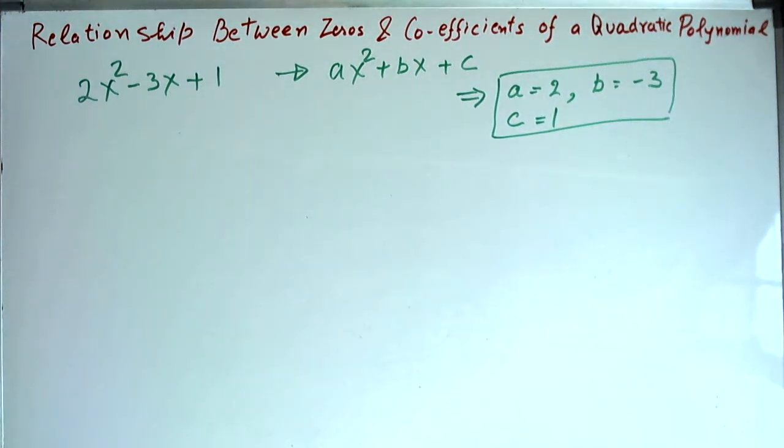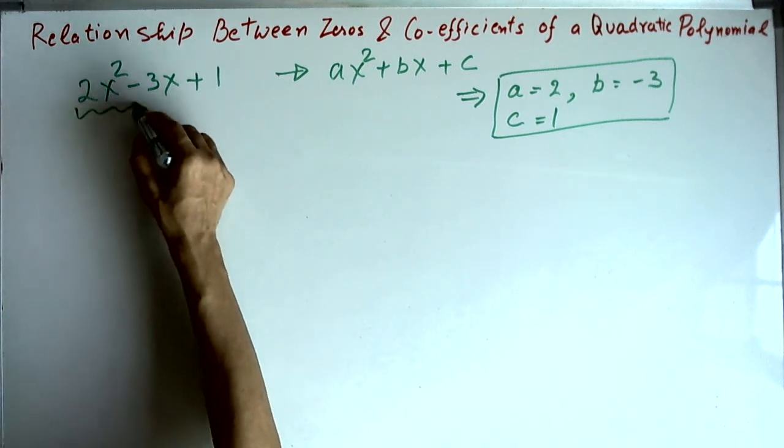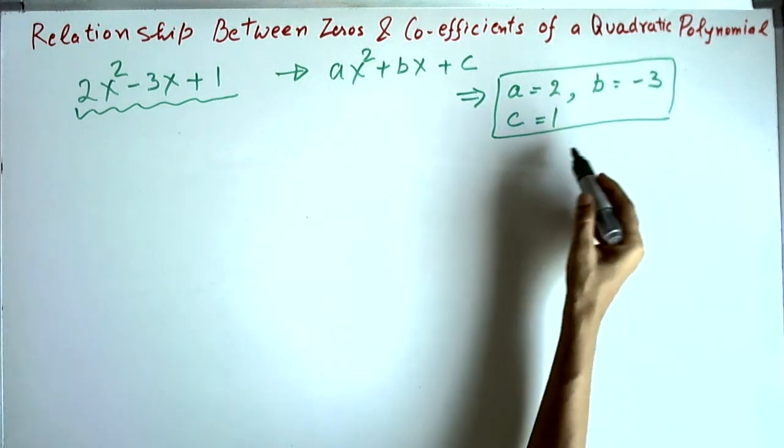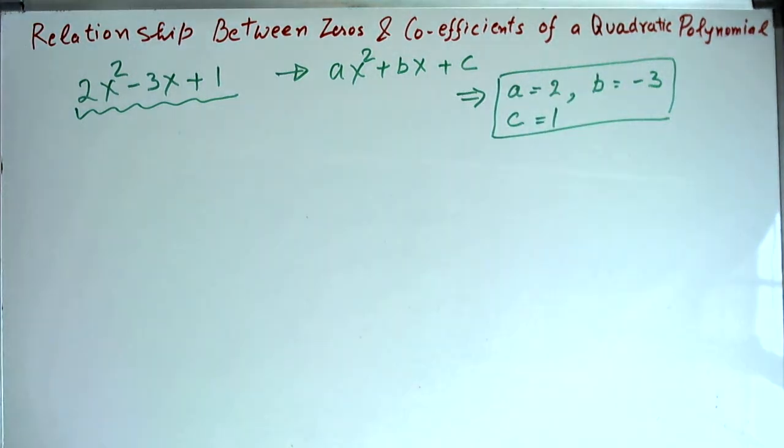Now we will see what the zeros of this polynomial are.